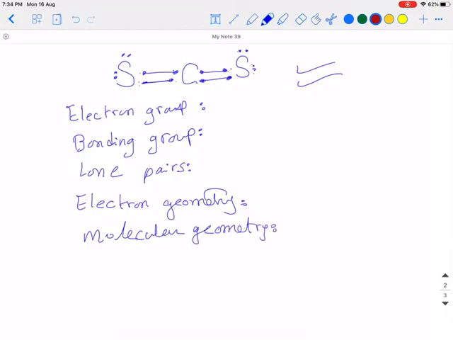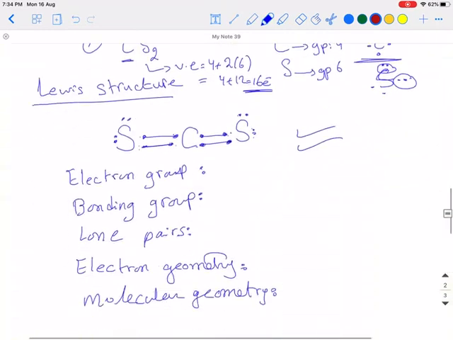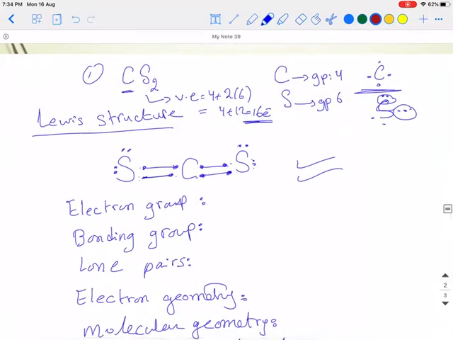We will answer all this for this molecule to know exactly the shape and the angle it makes, and then the approximate bond angle. Okay, let us start one by one.